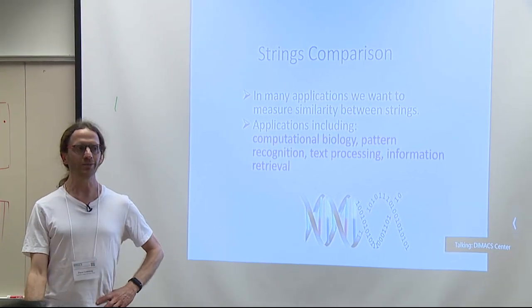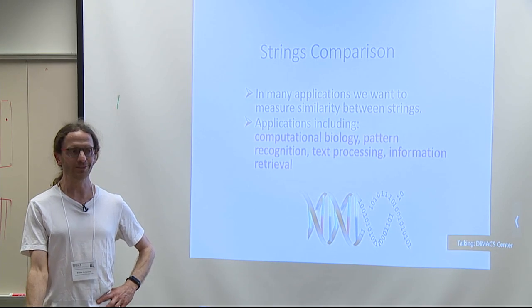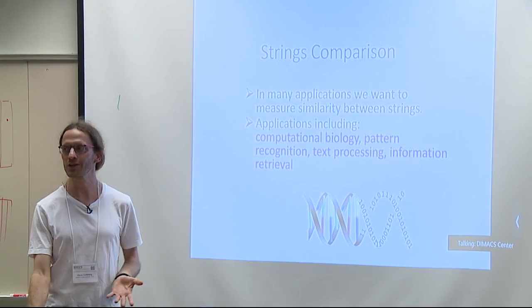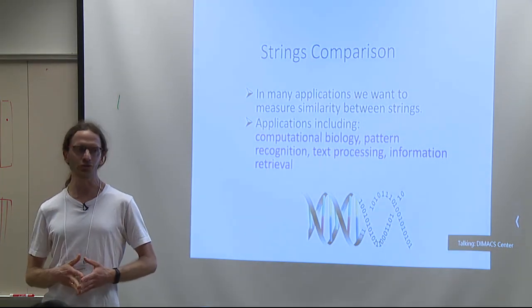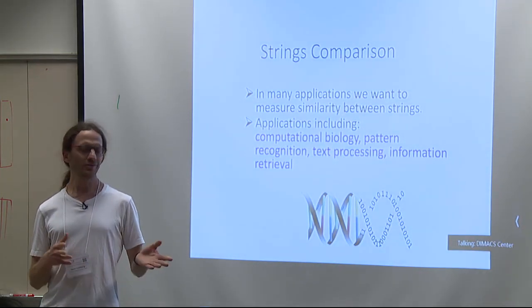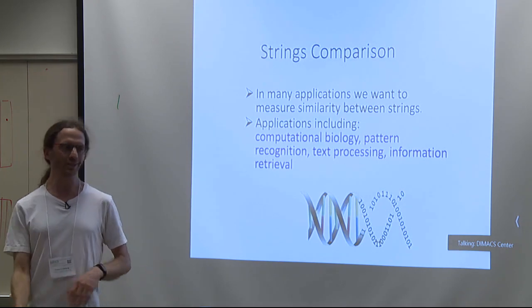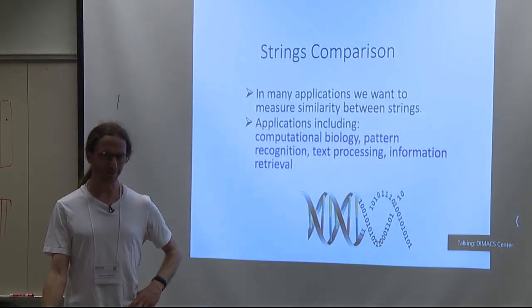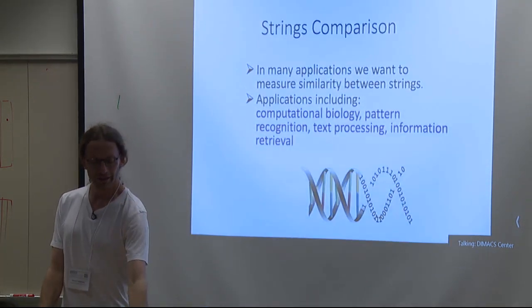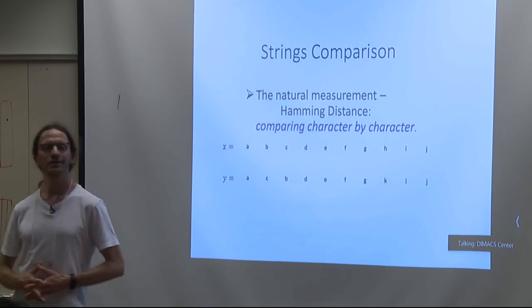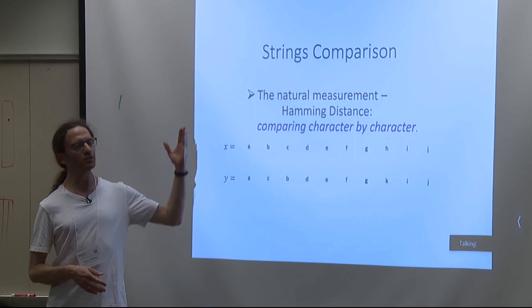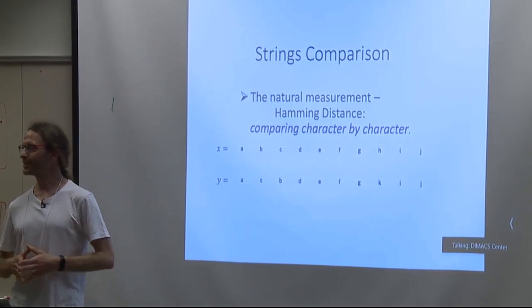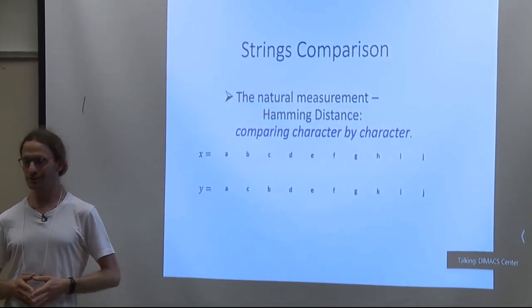Generally, when we talk about strings, one very natural thing is to compare how similar two strings are. And this finds many, many applications. Let's try two measurements. The first measurement is a very simple one, the Hamming distance.